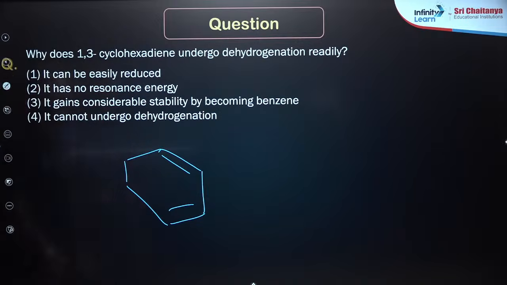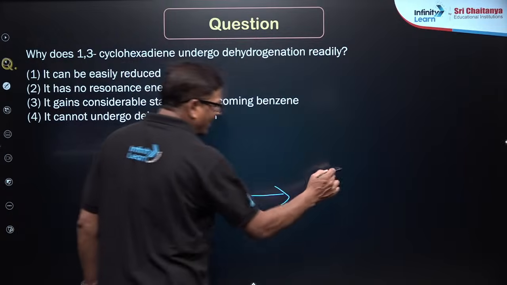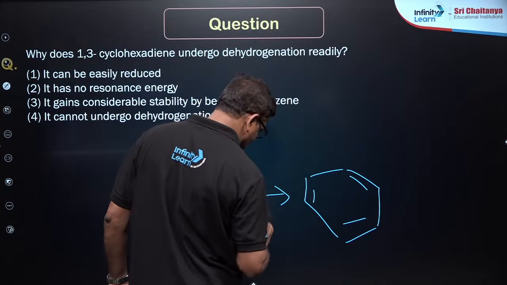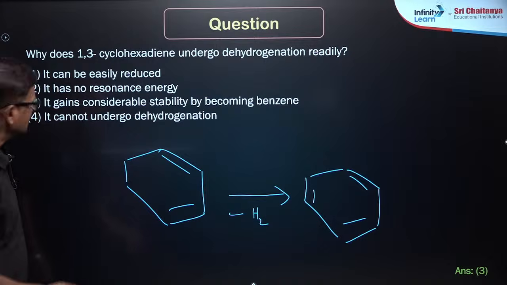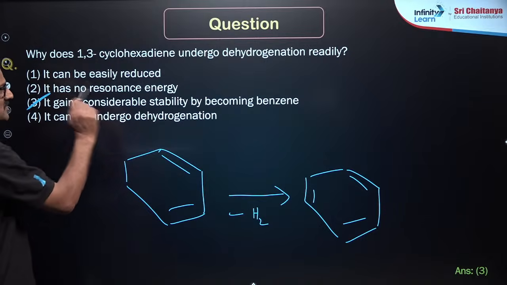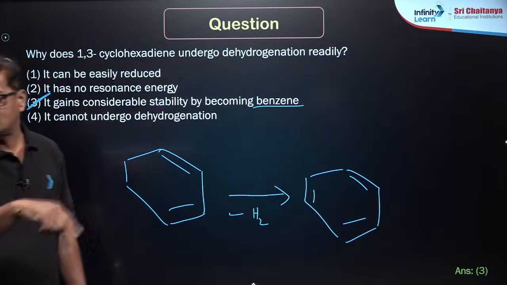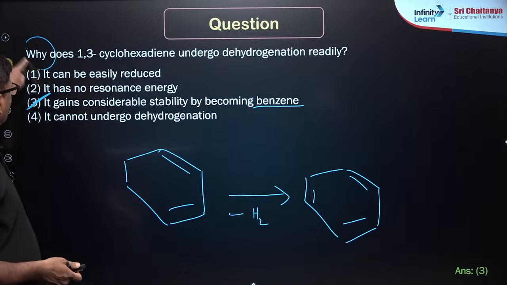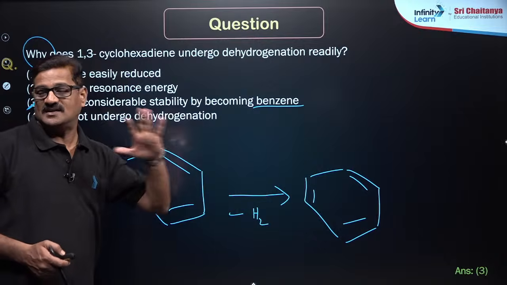It undergoes dehydrogenation, and when it does, it gains aromaticity. 2 hydrogens are removed so that benzene is formed. So with resonance, it gains considerable stability, becoming benzene by aromaticity. See, this is a reasoning type question. Whenever it is said why, it is a reasoning type question.